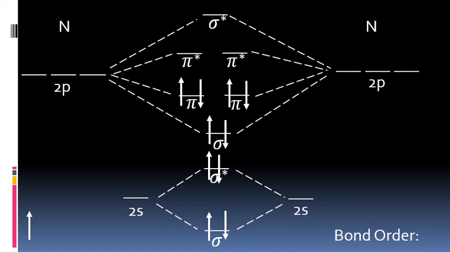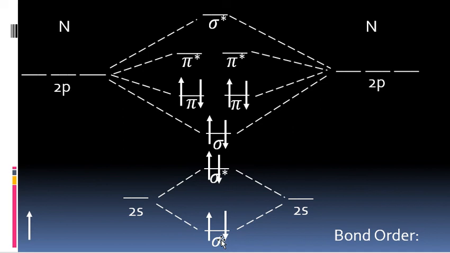Therefore we have a total of 10 electrons to work with, and the atomic orbitals were based off of the period numbers, so this is a good way of showing where the group number and the period number start to come into play when it comes to forming molecules, and I think that is so awesome. But anyways, 5 valence electrons from each nitrogen gives us 10 electrons to work with.